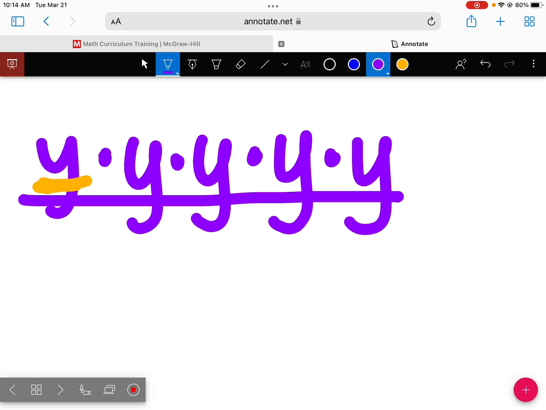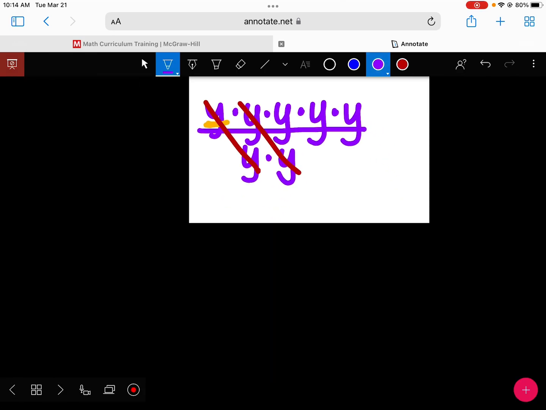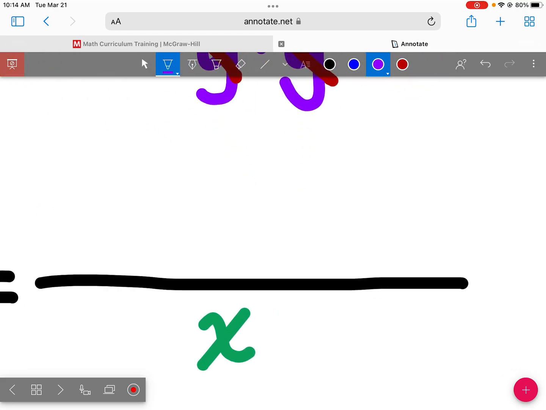How many y's are being multiplied together on the bottom? 2. What can I do? I can cancel out 2 of them, which leaves me how many y's? 3 on the top or the bottom? On the top. If I have 3 y's being multiplied together, that would be y to the 3rd. So I have y to the 3rd up on top.